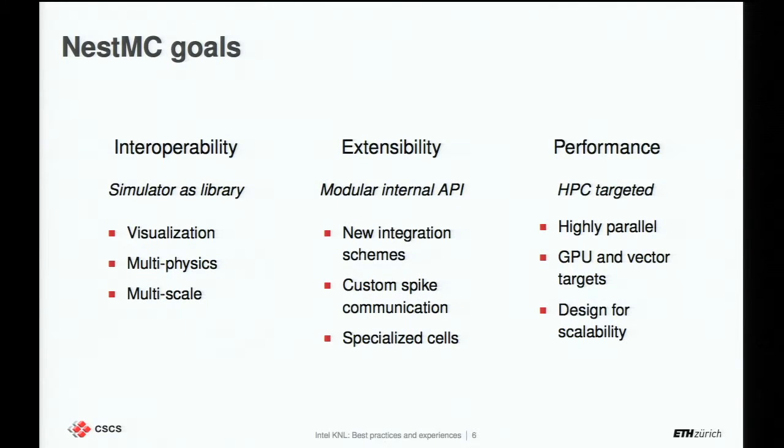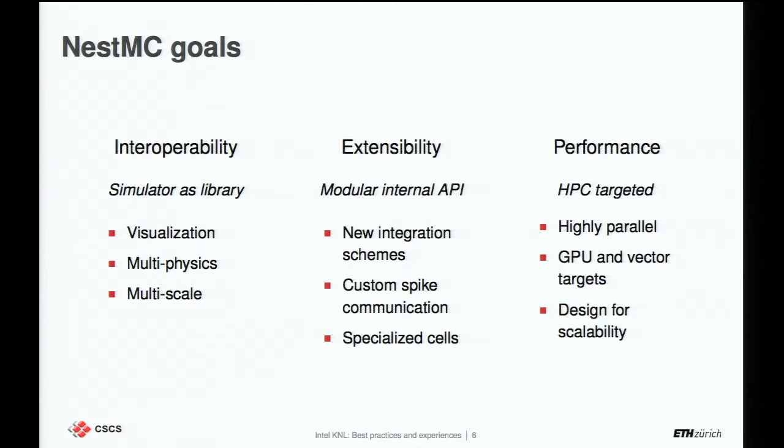As I said before, the goals are, first of all, at the user API level, we want the code to act as a library and provide an interface so that it can be easily integrated as part of a larger series of tools. But also internally, it's designed in a layered fashion. There are several internal APIs so that you can plug in different modules, even for cell simulation, MPI communication, and a different integration scheme.